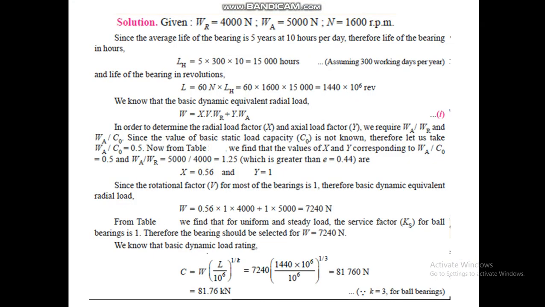So we write the given data. Radial load 4000, axial load 5000, RPM 1600, average life 5 years at 10 hours per day. This means your bearing has a life of 5 years if it is working at 10 hours per day.